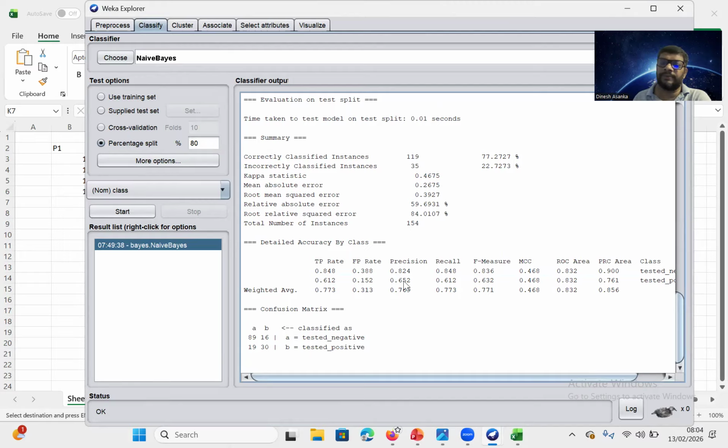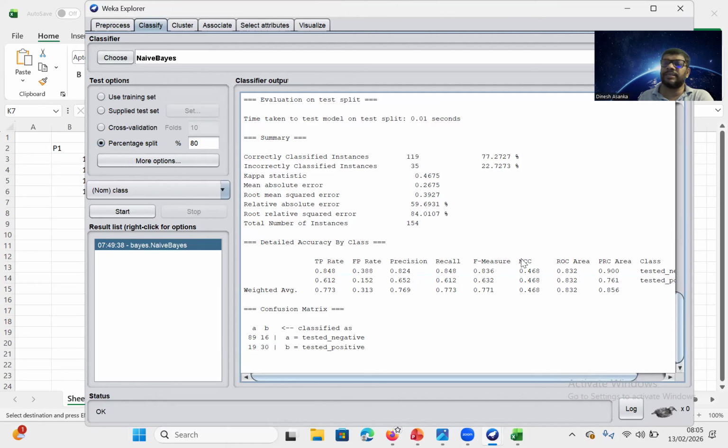So if you want to look at both precision and recall, you would look at the F measure. Now you can see these three values, precision, recall, F measure, depend on the target variable. If you are looking at the negative patients, you will be looking at these values. For positive cases, you are looking at these values.